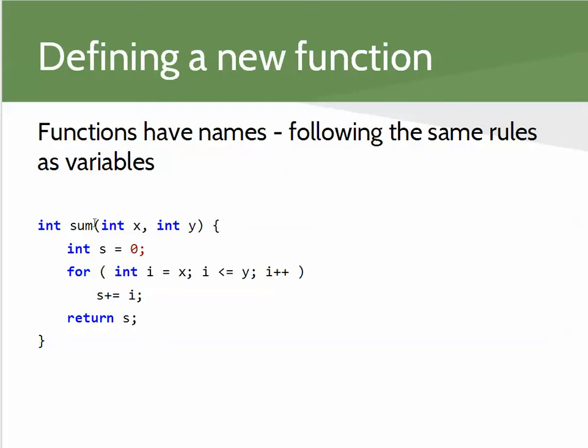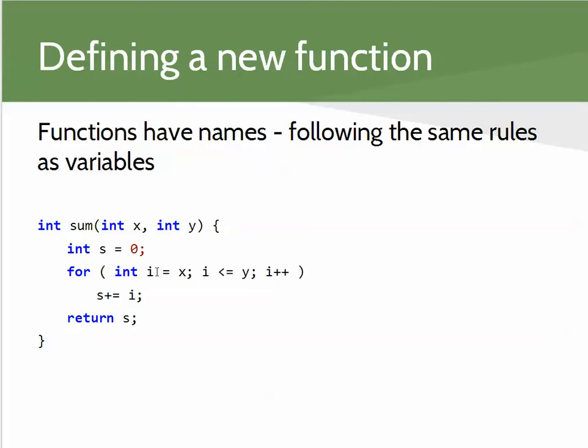Now the difference is that this declaration is not going to be inside main. This is going to be outside main. Functions are not defined within other functions. So that's different than learning about while loops and if statements and switches, which are all sort of assumed to be inside of main.